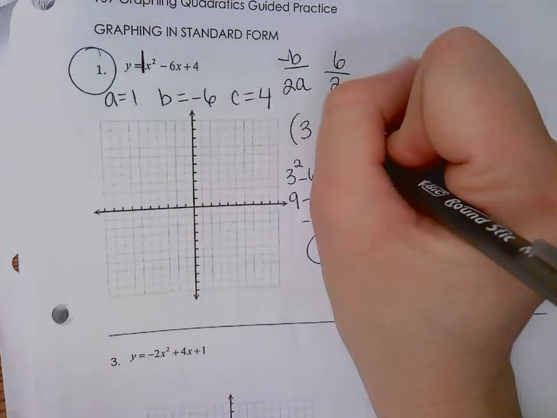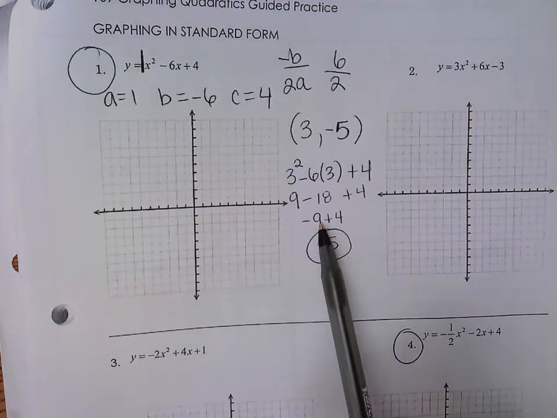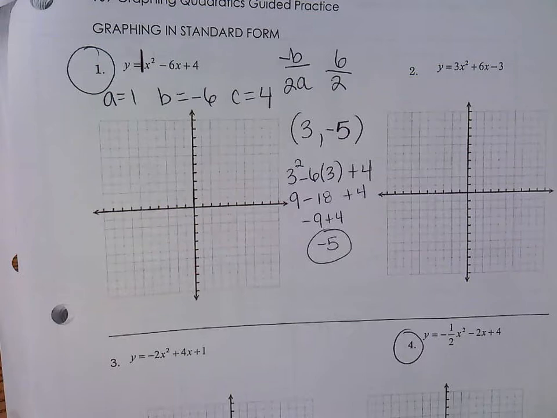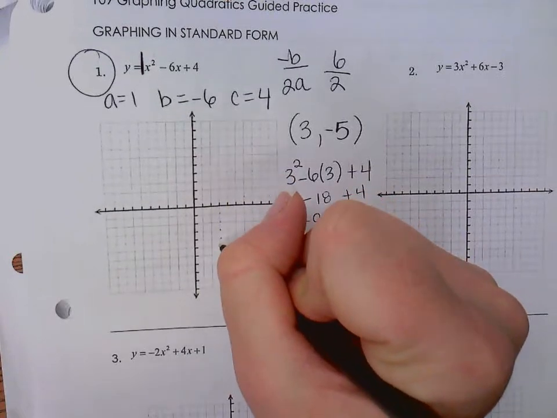It should be -5, right? 9 minus 18 is -9, and then plus 4 would be -5. So my vertex is at 3, -5, 1, 2, 3, 4, 5.